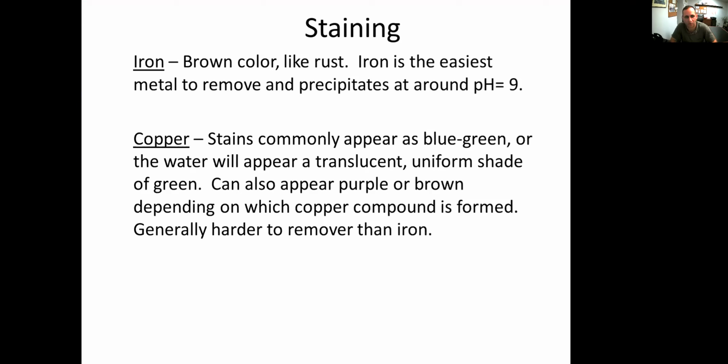Those purple or brown stains formed from some kind of compound with copper in it tend to be pretty hard to remove. So there's maybe not one answer for every kind of stain. Some might come up real easily, and some might take a lot of work to get rid of.